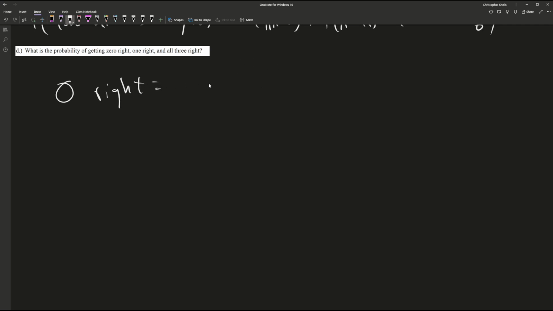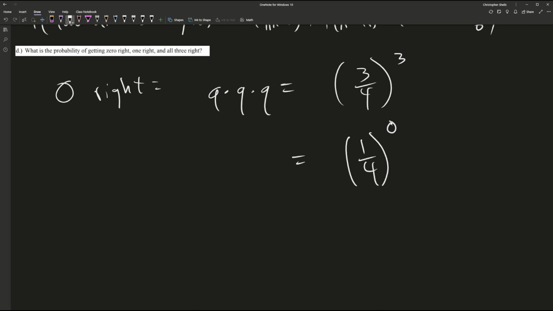This would be just Q times Q times Q. This would be 3/4 cubed. And really, this is the same thing as, let's just write this as 1/4 to the 0.